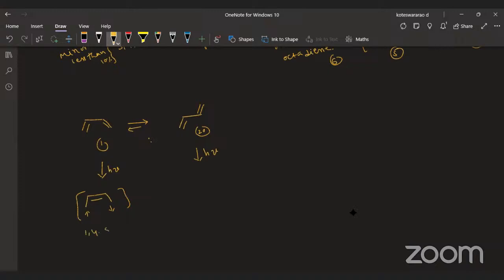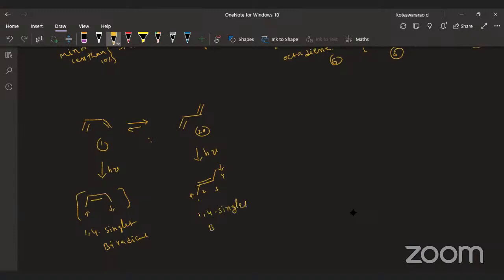This is the 1,4 singlet biradical. Here also it generates the 1,4 singlet biradical, positions 1, 2, 3, 4.